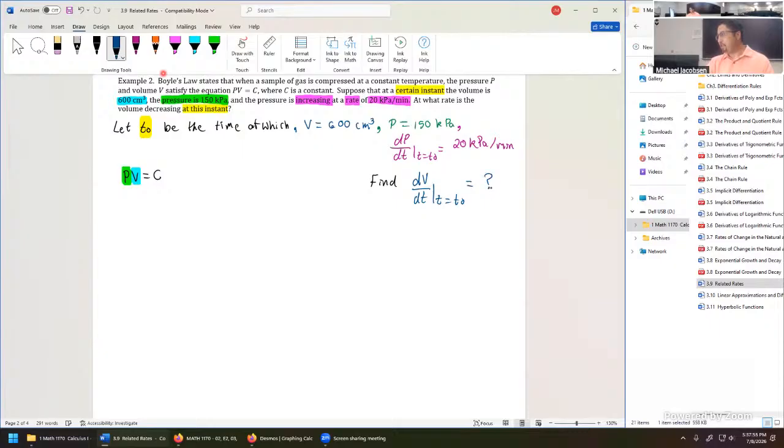Let's put a little question mark there to say, once we put a number down to that, our work is completely done. We're expecting negative because the only way pressure is increasing is if the volume is decreasing. The gas is being compressed with a decreasing volume. So the rate of change of volume with respect to time, all I can say for sure is it's definitely negative in this problem.